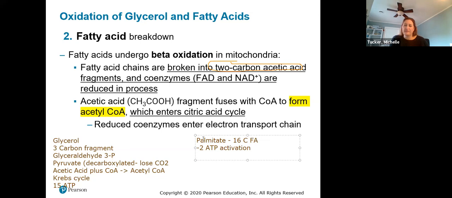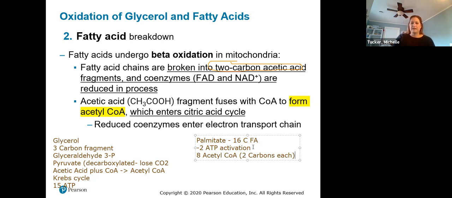Close. So if you take away the 1, so 8. So it's 16 divided by 2. So we'll form 8 acetyl-CoAs. And maybe you just mistyped it. So we'll have 8 acetyl-CoAs because these are 2 carbons each. So if you start pulling sets of 2 off of this fatty acid, you'll end up with 8 sets of 2.